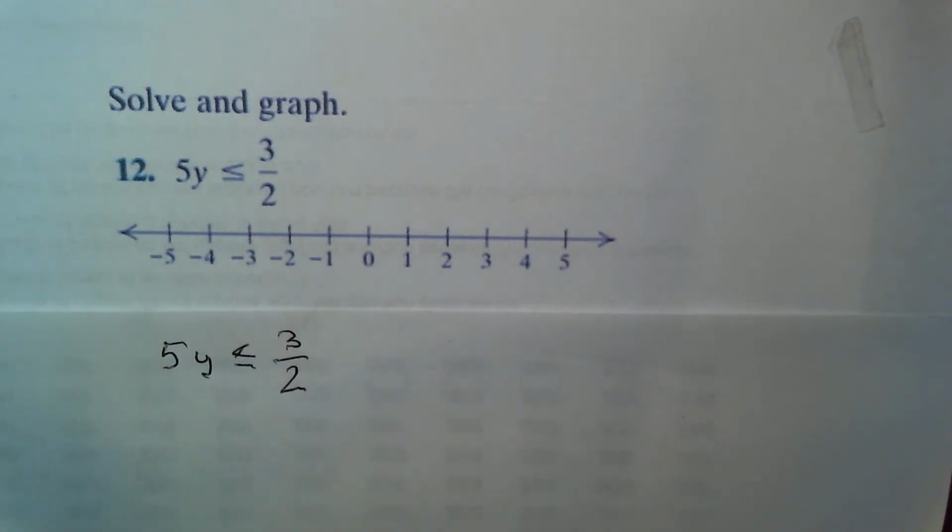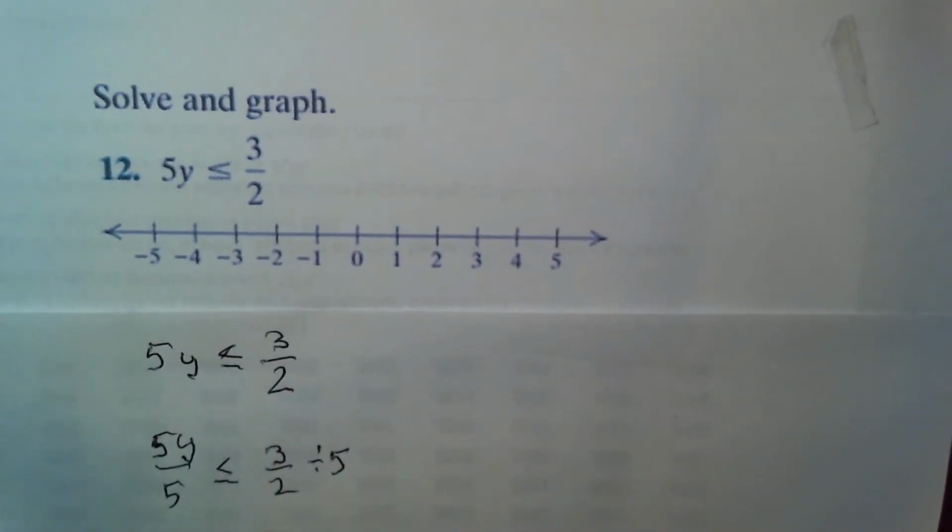So let's apply the multiplication principle to this inequality here. We have 5y is less than or equal to 3 divided by 2. To isolate y, we need to divide both sides by 5. So 5y divided by 5 is less than or equal to 3 halves divided by 5.